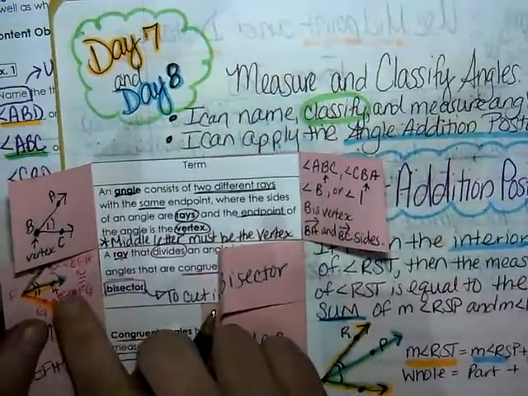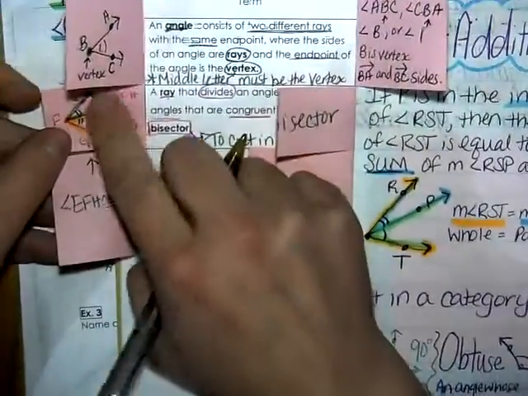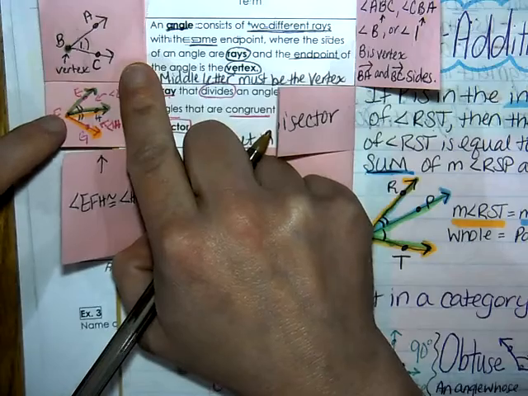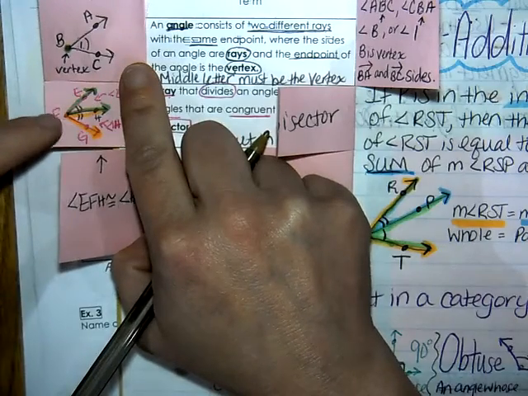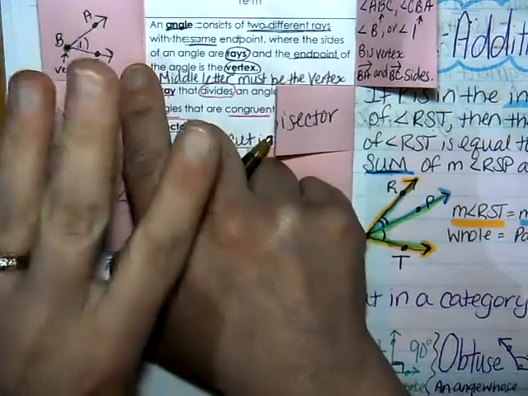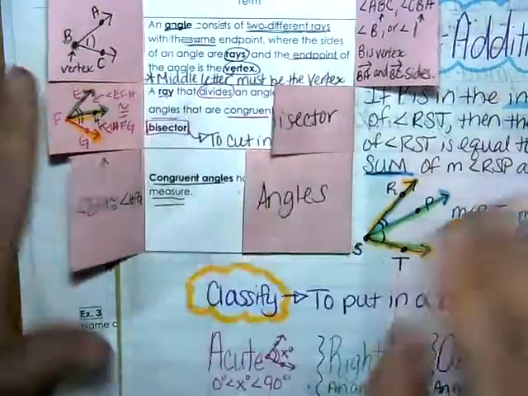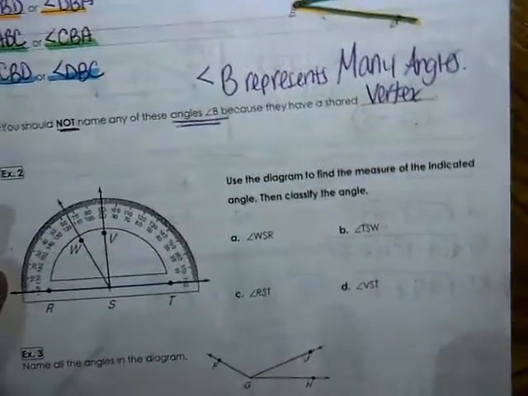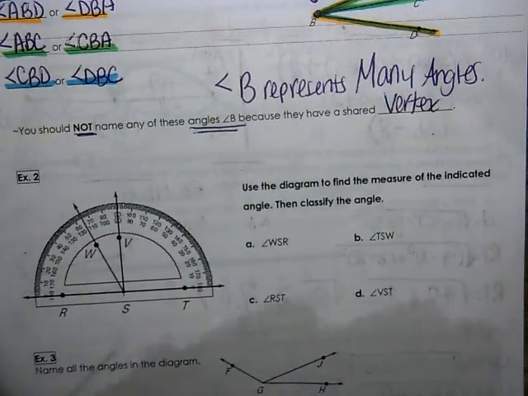Unfortunately, if you have multiple angles, like in this picture right here, we could never call this angle F. The reason why we could not call it angle F is because angle F represents 3 separate angles. And you cannot use the name of an angle that represents more than one angle. It has to be on its own.